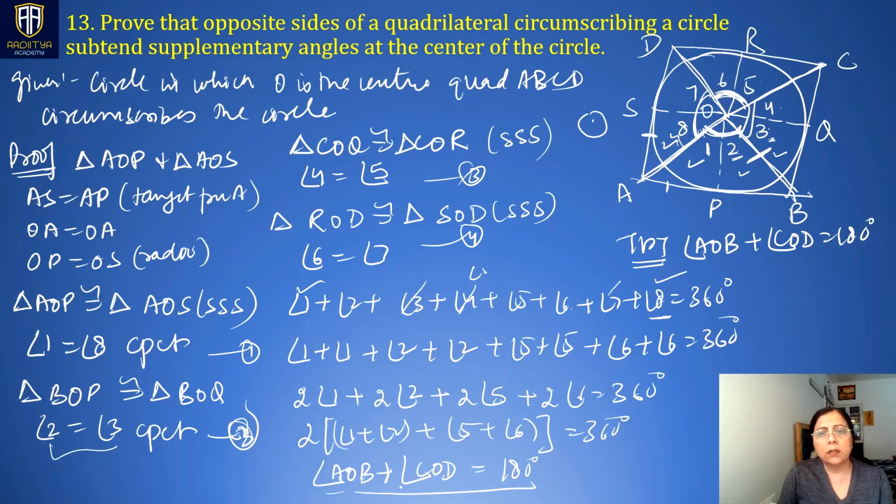I get angle AOB plus COD is 180. If you add these four angles respectively, then the sum of these two angles also comes out to be 180 degrees. Similarly, you can write the sum of the other four angles as 360, and so the sum of those two angles is also 180. I hope this is clear to you now.